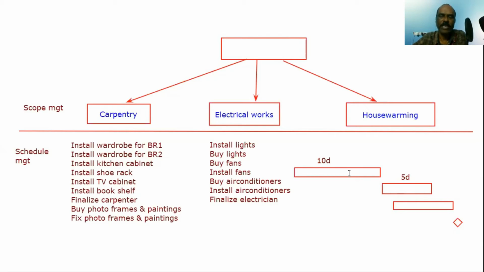So the activity is normally shown in a rectangle, and the length of the bar indicates the duration of the activity. Whereas a milestone is normally shown as a diamond, and typically this is considered to have 0 duration.